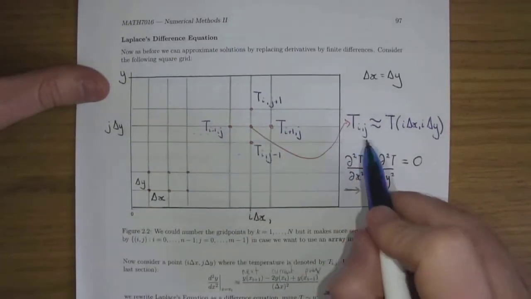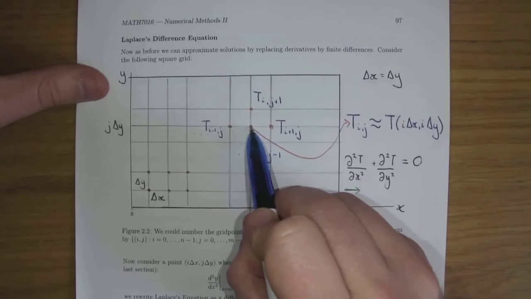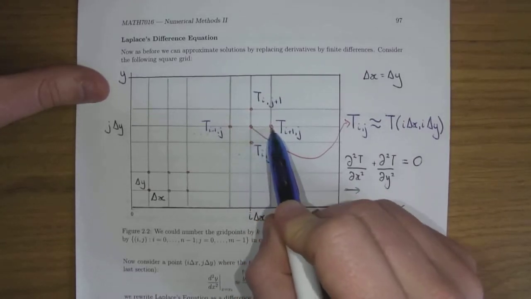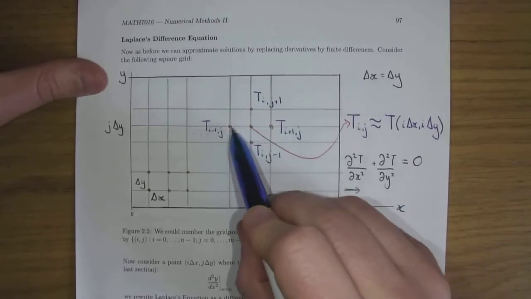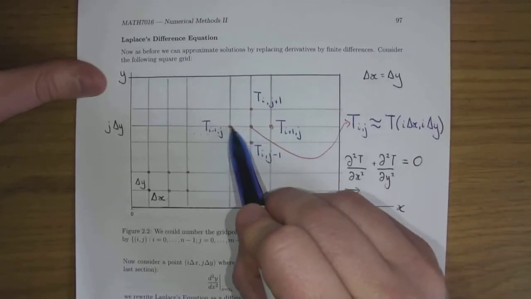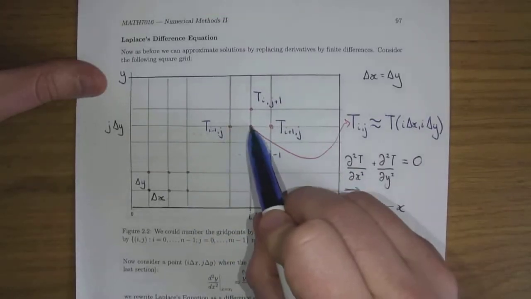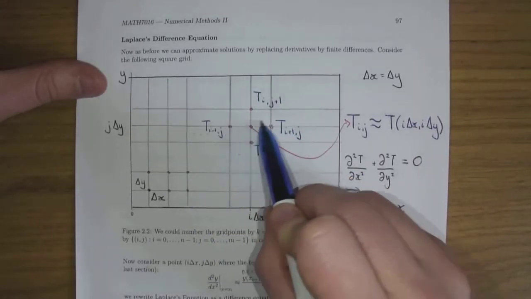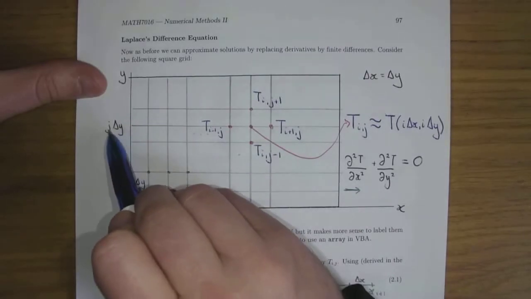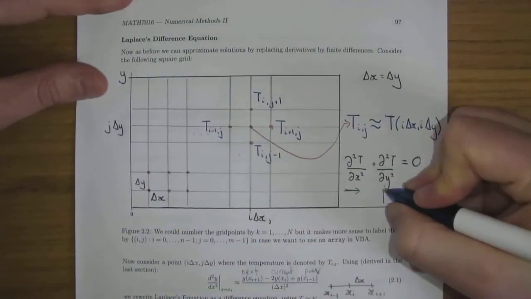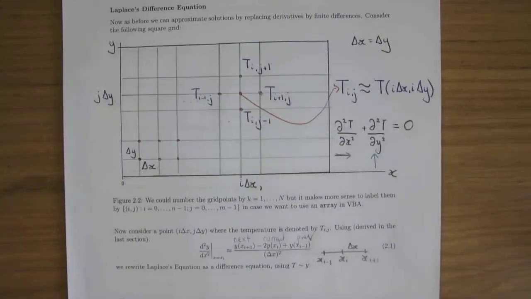So if we're talking about this point as we were, this will be the temperature current, this will be temperature next in the sense of x, and this will be temperature previous in the sense of x. And it's a partial derivative, which means that you don't change along the y. You stay at j delta y, you just move along this axis. And similar story, this just moves along the y-axis.